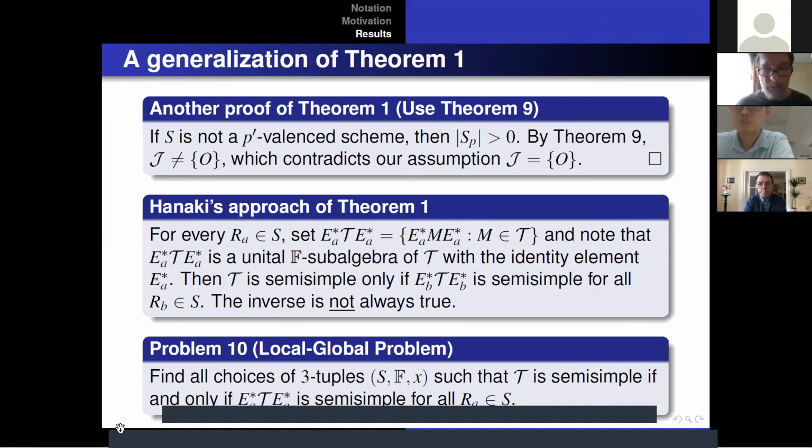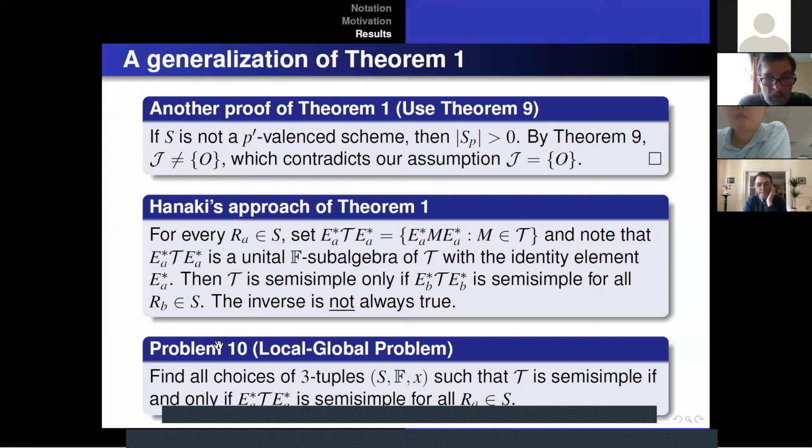This is interesting because it looks like a local-global principle. Whether T is semi-simple is a global property, but we can transfer it to a local problem by considering all E_A* T E_A*. If all E_A* T E_A* are semi-simple, then T is semi-simple.